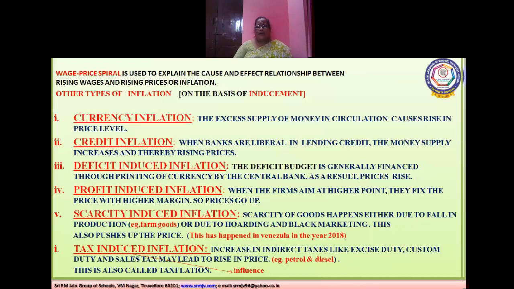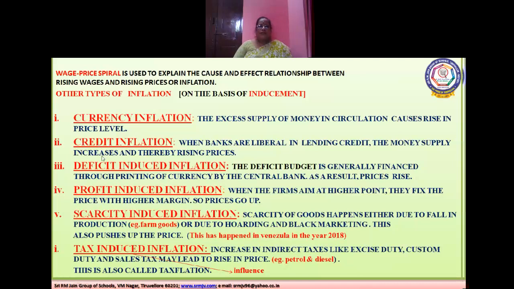What do you mean by induce? Inducement or induced, whatever it may be, it is nothing but influence. Okay? Influence is nothing but inducement. Currency induced inflation: the excess supply of money in circulation causes a rise in price level.